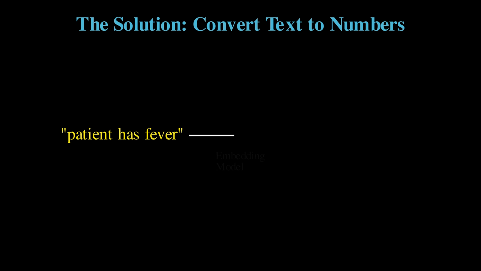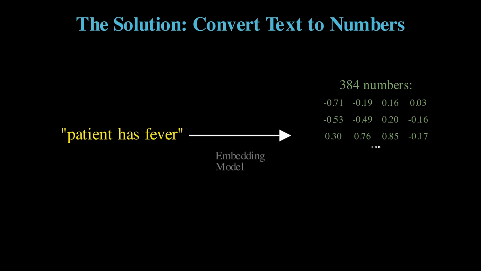So, how do we solve this? We convert text to numbers, but not just any random numbers. We need numbers that actually preserve the meaning. Take this example: "patient has fever." We pass it through an embedding model and boom, it gives us a list of 384 numbers.